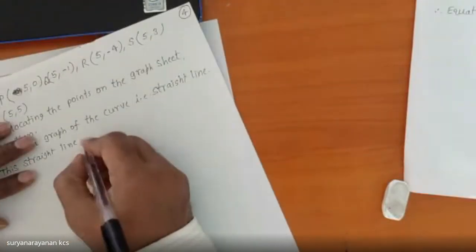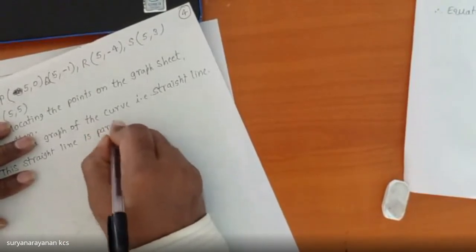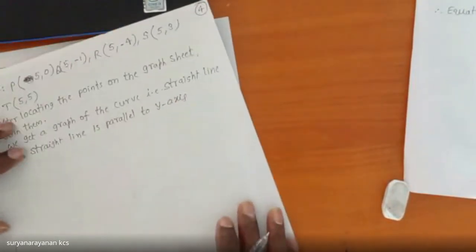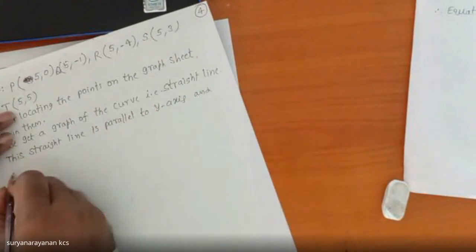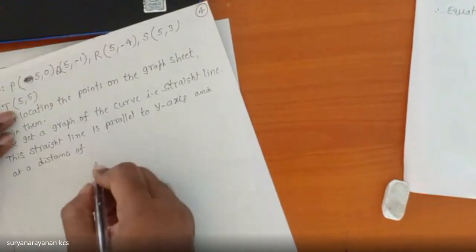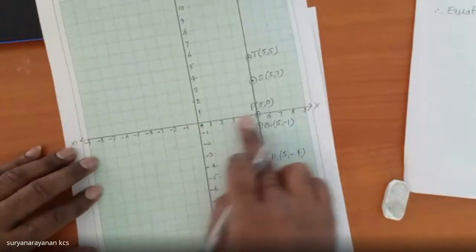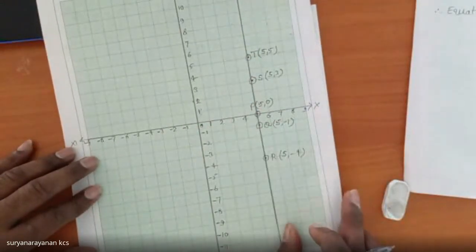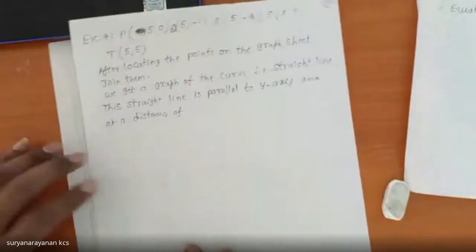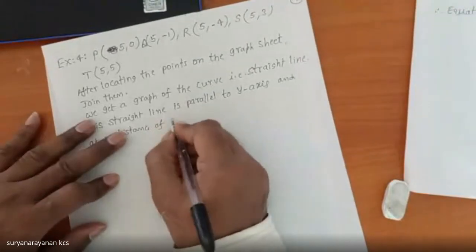Yes, this line is parallel to the y-axis, and at a distance of how many units from the origin? How many units of distance from the origin? So 5 units. It is at a distance of 5 units.